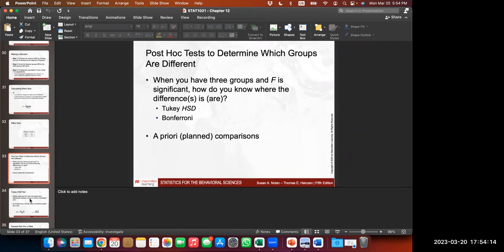That's a priori, when you plan this comparison already from the start. When you design your research questions, you designed this in a way that you wanted to make this comparison. Even if your F is not significant, even then you would do this comparison.